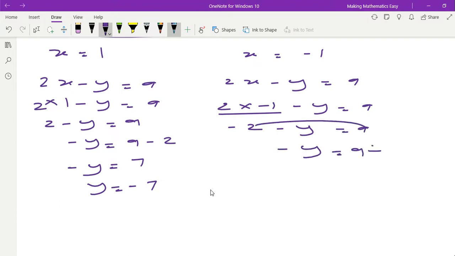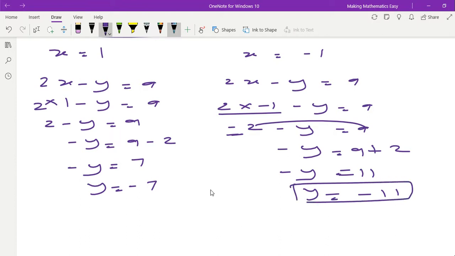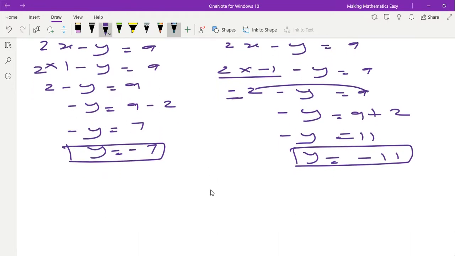When this 2 goes over here, this will become positive. This minus this will become positive. So this will be 11. Minus y, and y is equal to minus 11. Okay. Similar way, I can use the value of y as 1.